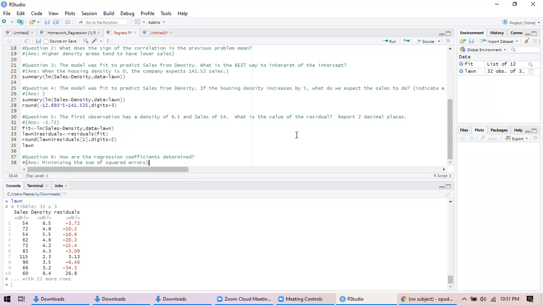If they're close to the line, you have a small error. So what are you trying to do with the error? You're trying to minimize the error. So the whole point of linear regression is minimizing the sum of square errors. It's just a concept.